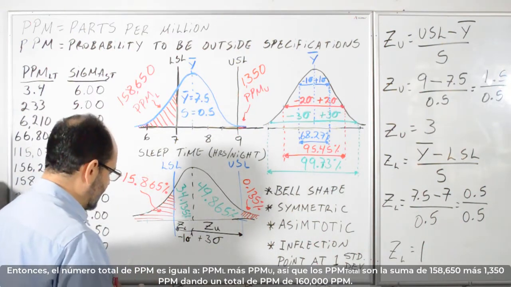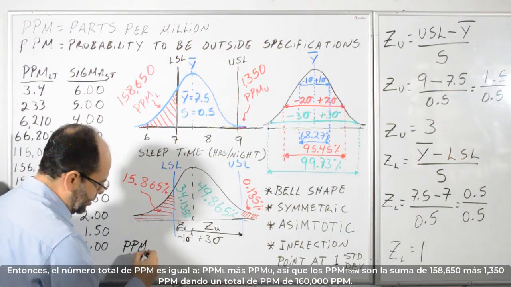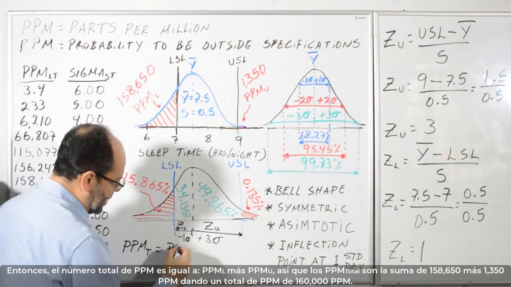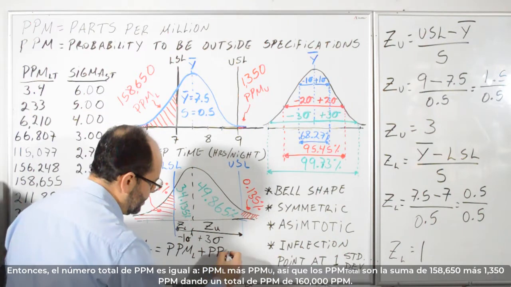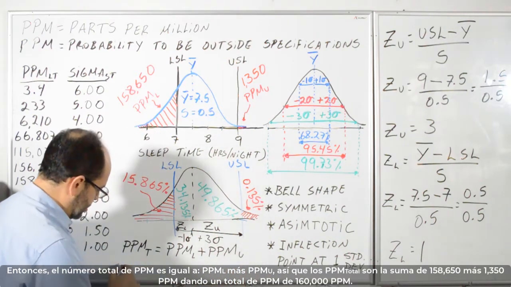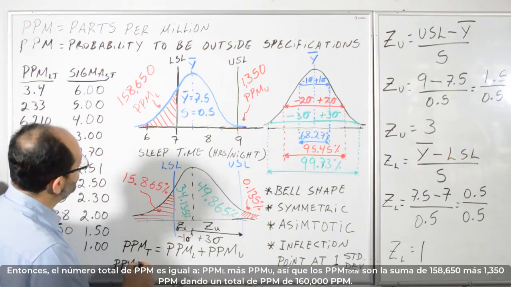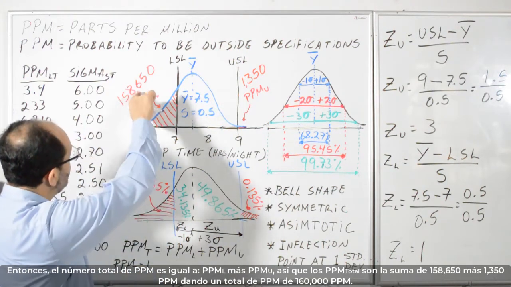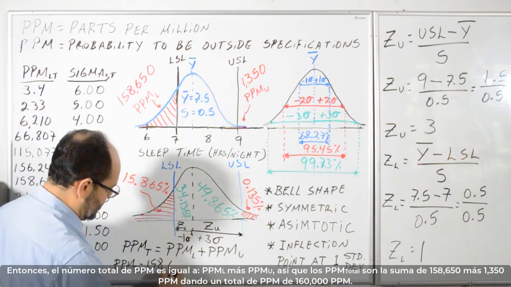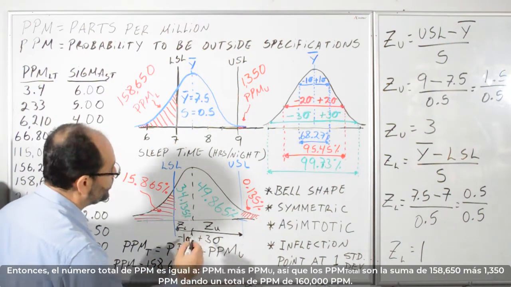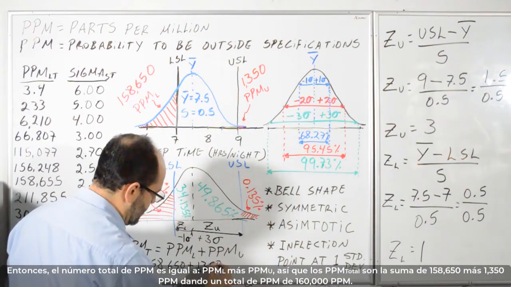So the total ppm is equal to ppm lower plus ppm upper. So the total ppm is equal to 158,650 plus 1,350 parts per million.